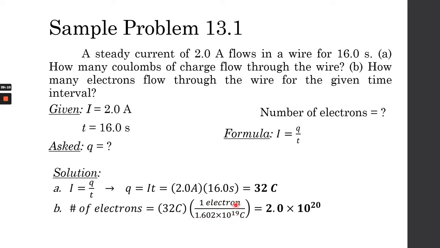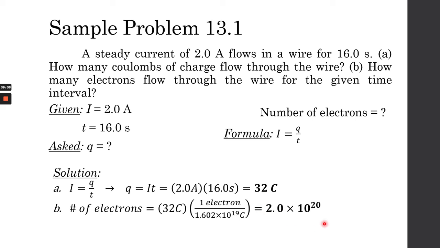So 1 electron is basically equal to negative 1.602 times 10 to the negative 19 coulombs. Canceling coulombs, 32 divided by the charge of the electron will give us 2.0 times 10 raised to 20. So this is the total number of electrons that flow through the wire within 16 seconds.